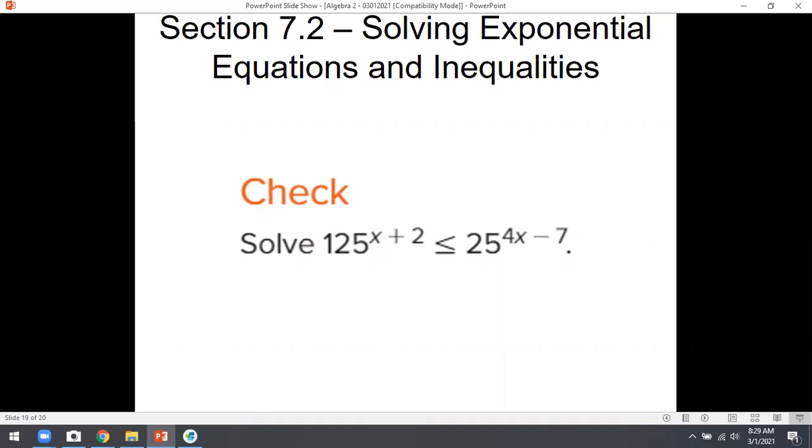Try this one out. 125. Look on your table. I bet you that's on your table somewhere. 25. Ooh, numbers pop into my mind when I hear 25. Get their bases to be the same.